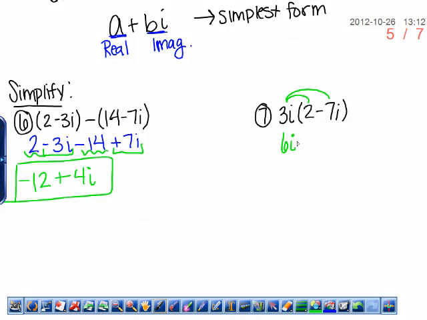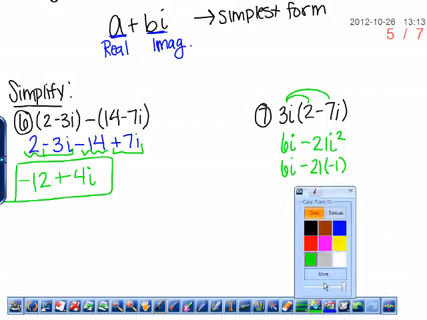3 times negative 7, negative 21. i times i, i squared. So let's think about i squared. i squared is what? So this is really 6i minus 21 times negative 1, right?